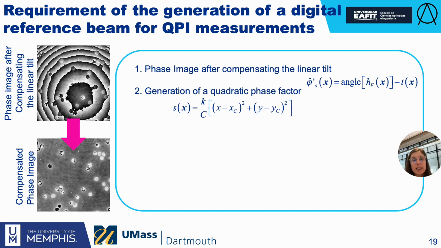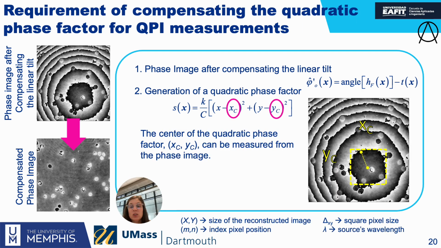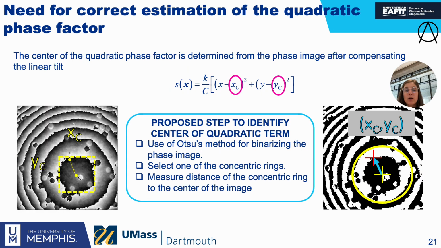When it's compensating, this is the map already compensated by the linear tilt, and you just see the spherical waveform. For the spherical waveform, the method already has a binarization, so it estimates the center by itself, and it also estimates the curvature by itself.